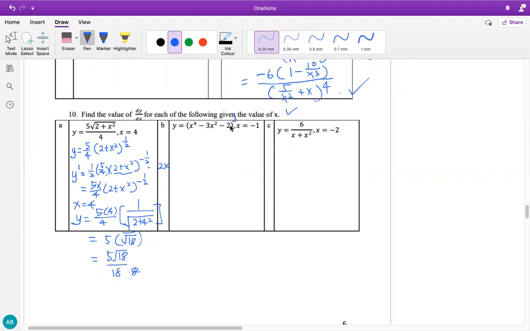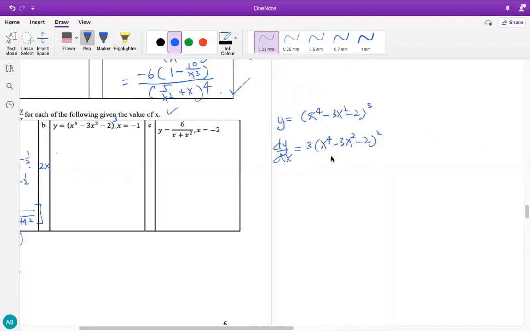So we differentiate here. dy dx, you get 3 times x to the power 4 minus 3x squared minus 2 to the power 2. Then you differentiate inside here, so you get 4x cubed minus 6x.